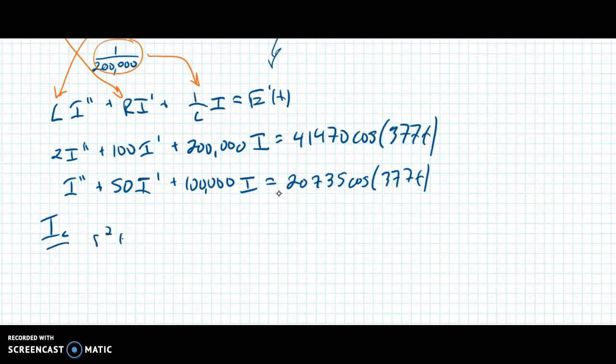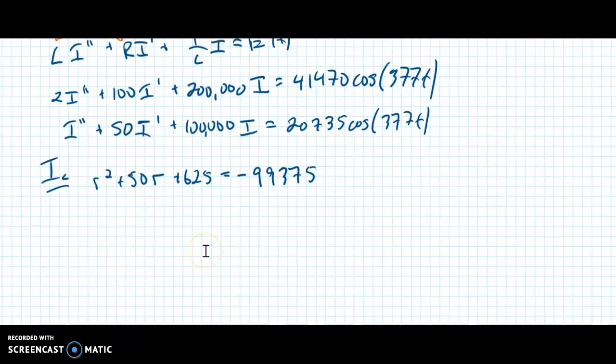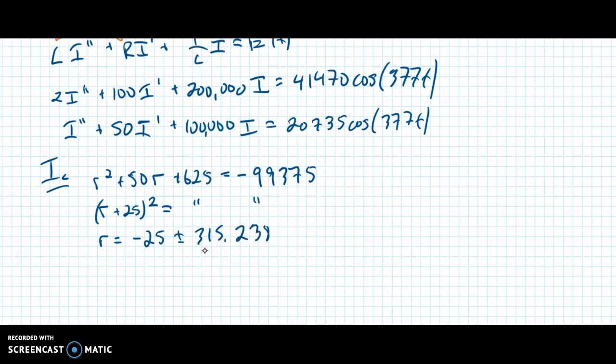So, r squared plus 50r, and I'm going to complete the square in one jump. 50 divided by 2 is 25, squared is 625. Then 100,000 minus 625 is 99,375, so I move that to the right side: r plus 25 squared equals negative 99,375. Taking the square root, r equals negative 25 plus or minus 315.238 i.